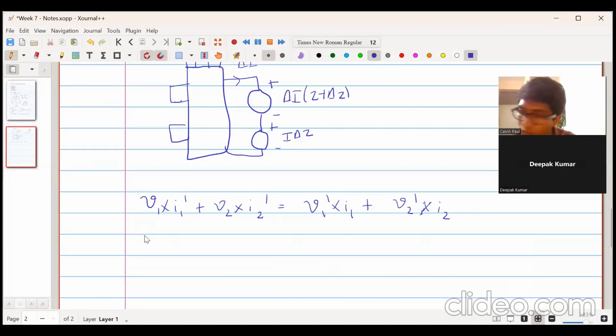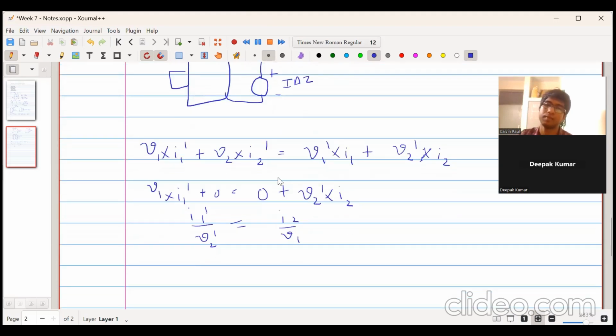So we get V1 into I1 dash plus 0 is equal to 0 plus V2 dash into I2. Okay. So I1 dash upon V2 dash is equal to I2 upon V1. Is this understood?